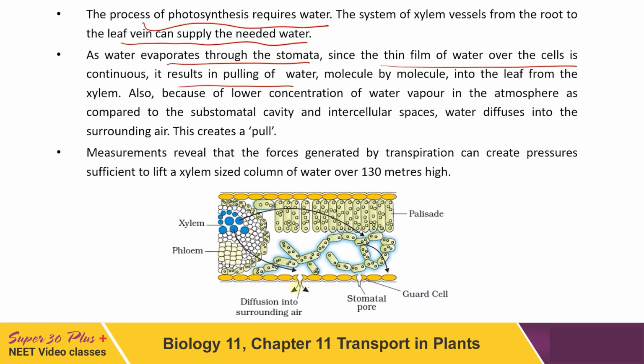The water will diffuse into the surrounding air. If water is lost, the water potential here will be less as compared to the mesophyll cell. Therefore, water will move from high water potential to low water potential, towards this mesophyll cell.